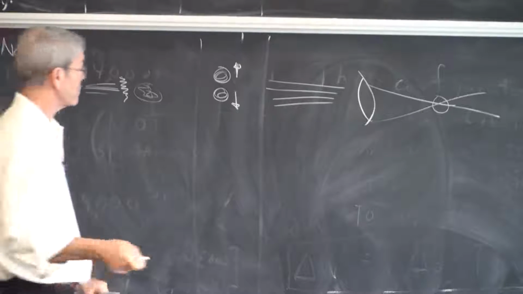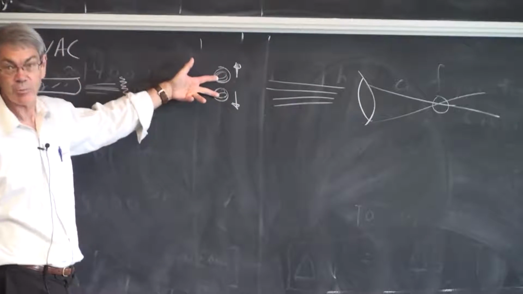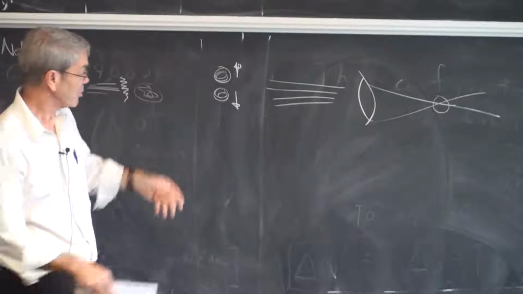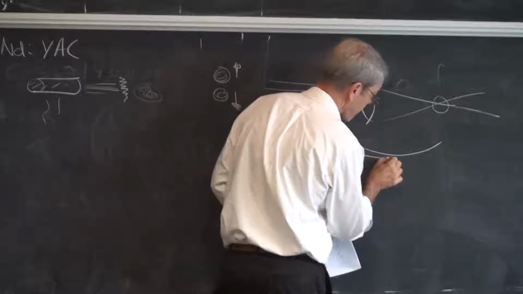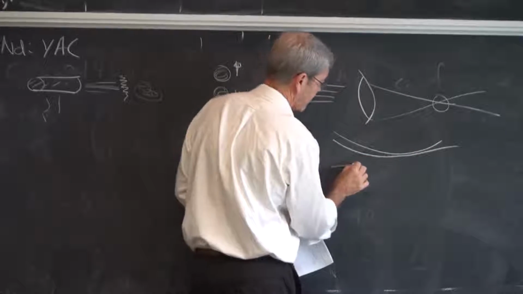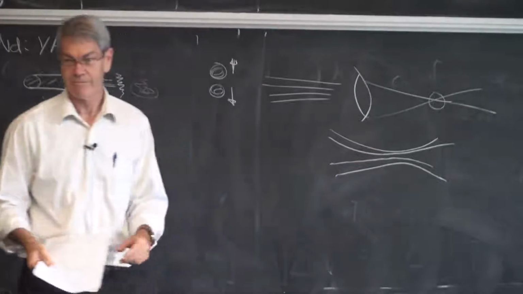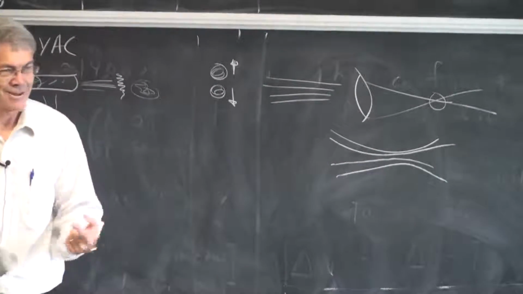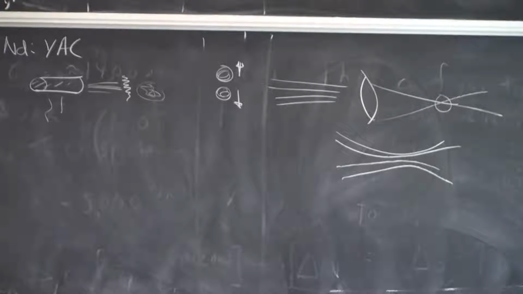Well, the answer is it looks just like that. This shape is preserved everywhere. So what happens is these modes focus down, and literally never cross. Now, how can that be? How can light bend? You know, light goes in a straight line. So what's happening?